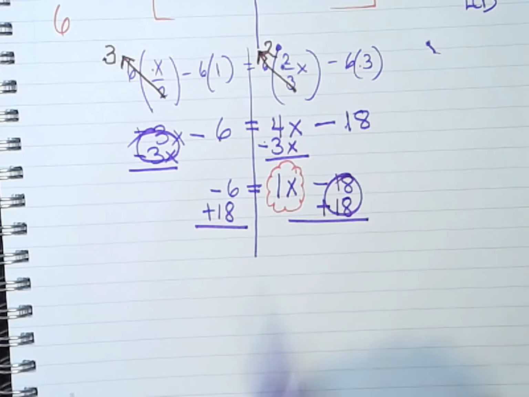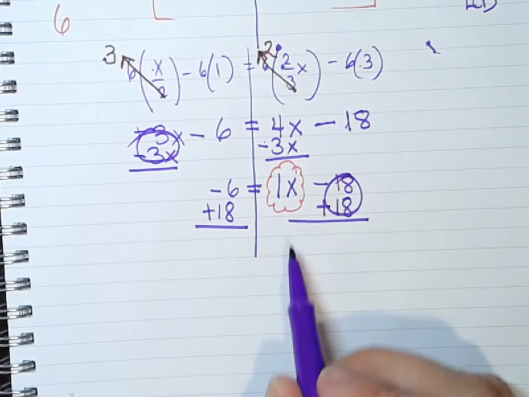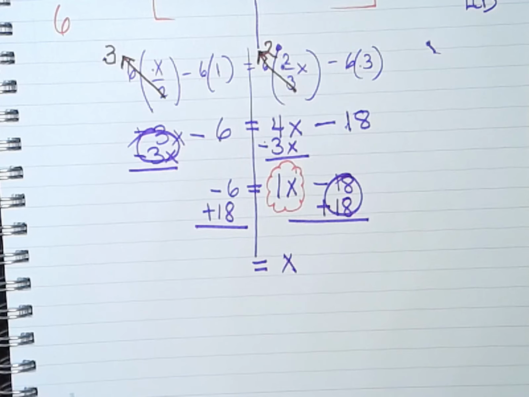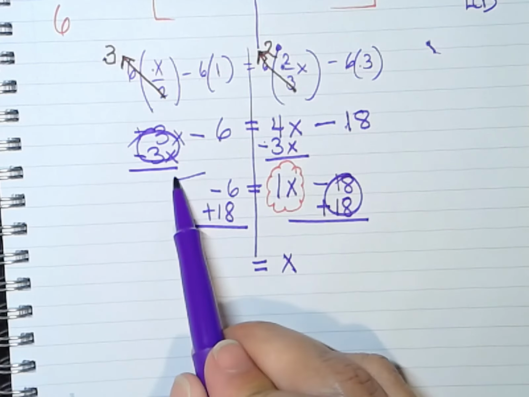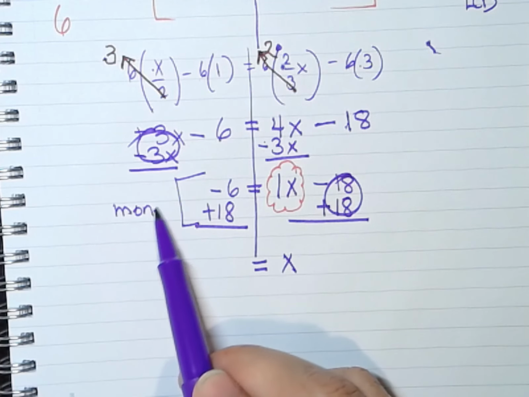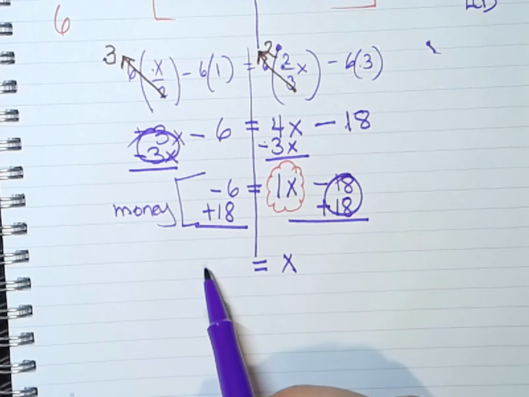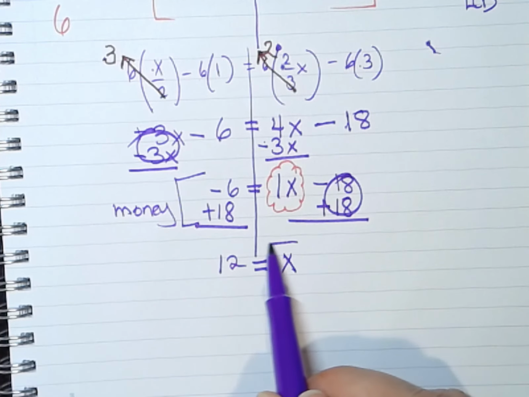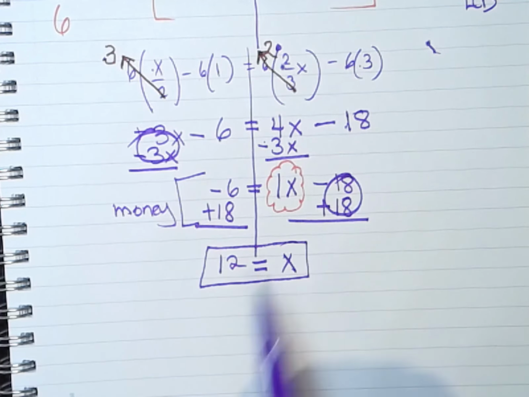And that makes a 0. So 1x is just x. I don't have to write the 1. And now this is money. You have $18 in your wallet. You went out and spent 6. You have $12 left. And that's your answer. X is equal to 12.